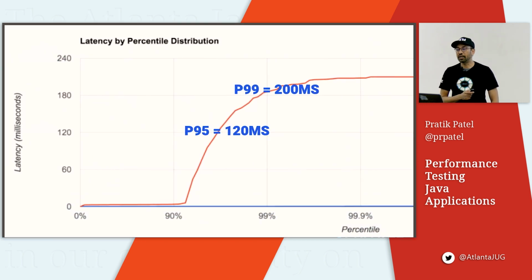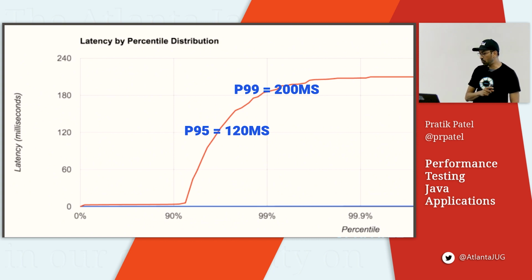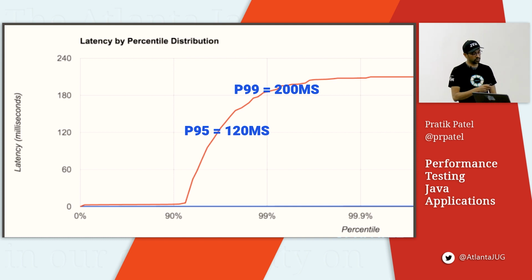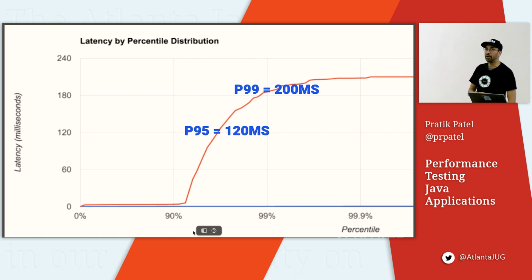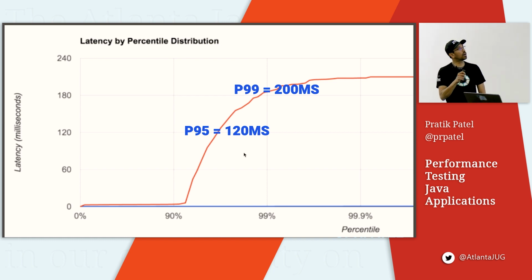Okay? All right, so if we look at this visually, which we're going to do when we run a demo, and hopefully it works properly, this is how we graph it. On the left axis we have latency in milliseconds, and this is the percentile. There's a tool that will help us produce this graph so we can see what our curve looks like, and then we pinpoint where our P99 is and where our P95 is.